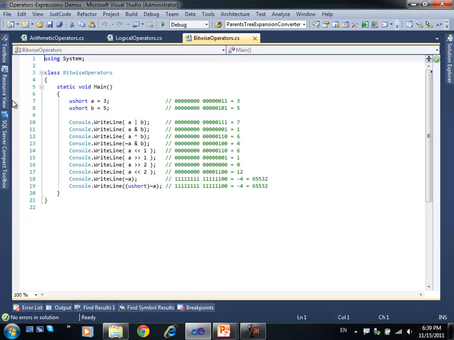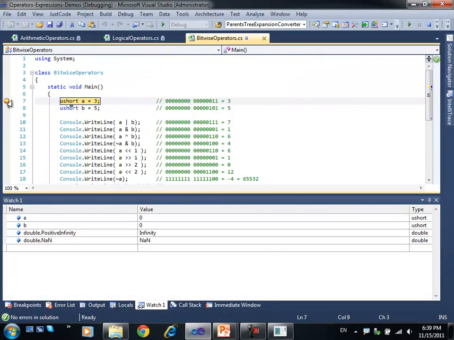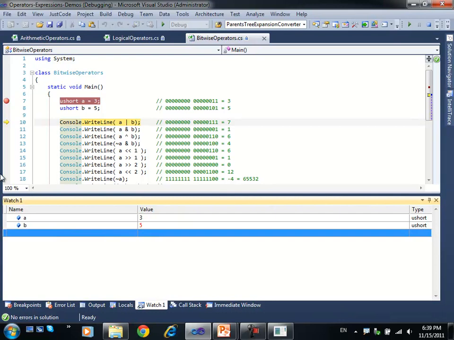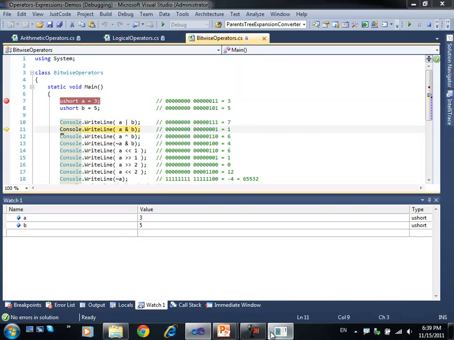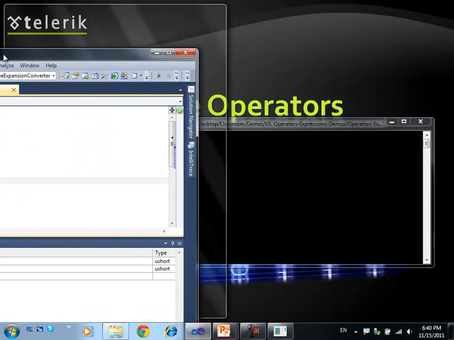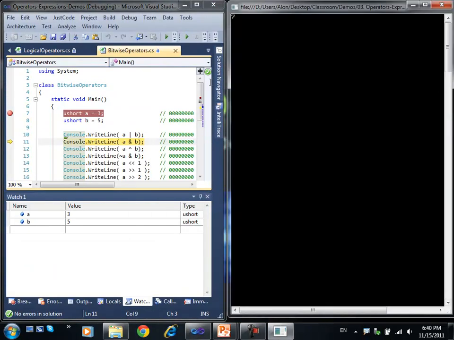So here is the demo. A and B are 3 and 5. And these are the results of the bitwise operations. We're not changing their values, but we can see the printout.